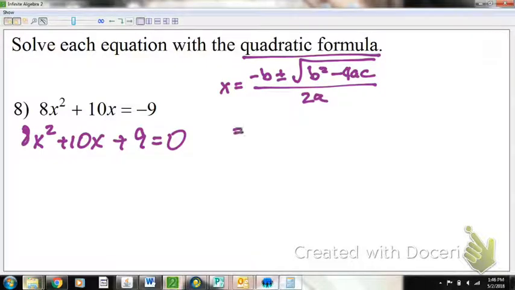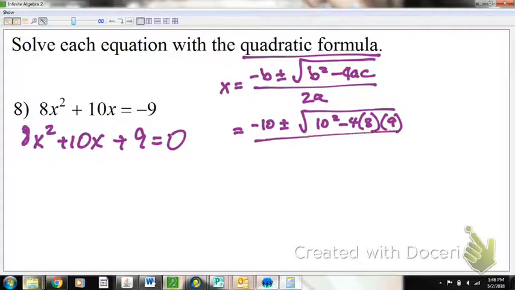When we make our substitutions, b is 10, so negative b is negative 10. And it's going to be 10 squared minus 4 times 8 times 9, all divided by 2 times 8. At this point, we've got negative 10 plus or minus 100 minus that thing. 32 times 9 is 288.